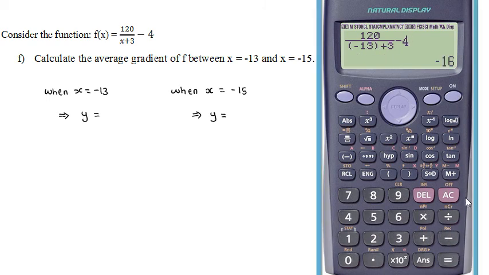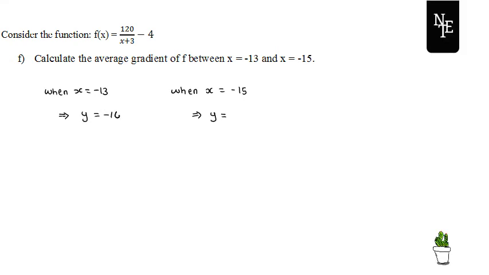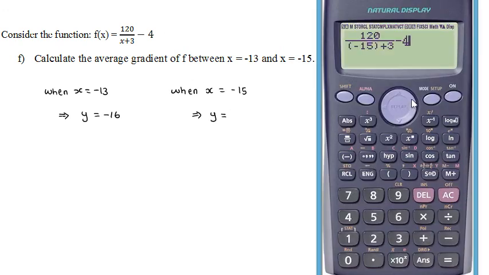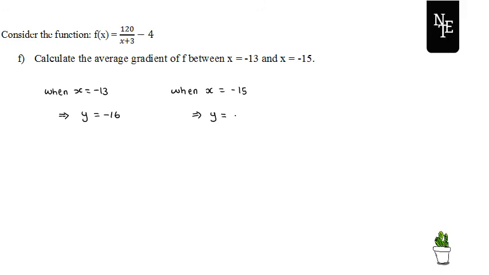And we get a corresponding y value of minus 16. So y is equal to negative 16. Let's check the second one. Now for our second calculation, we do exactly the same thing in the calculator. It's just that now in place of x, we substitute negative 15 and we get a corresponding y value of negative 14.